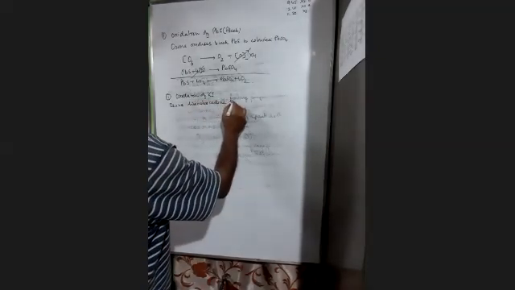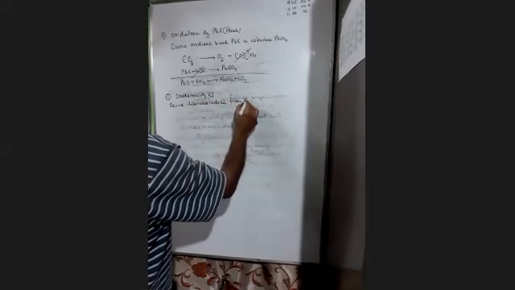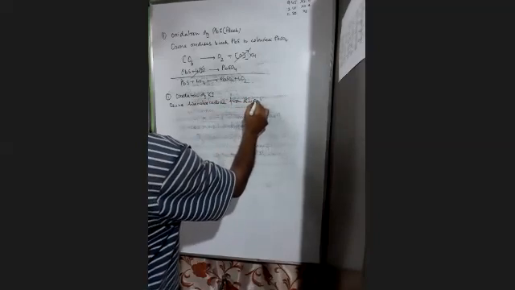Potassium iodide solution is colorless, and if you pass ozone, you'll find the solution has become violet. Ozone liberates iodine from potassium iodide.